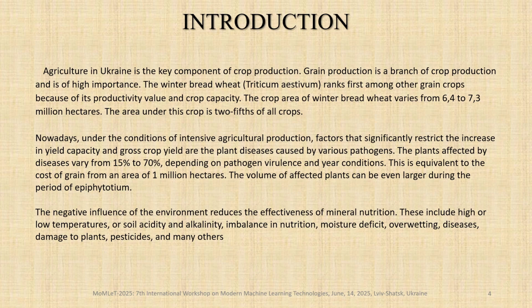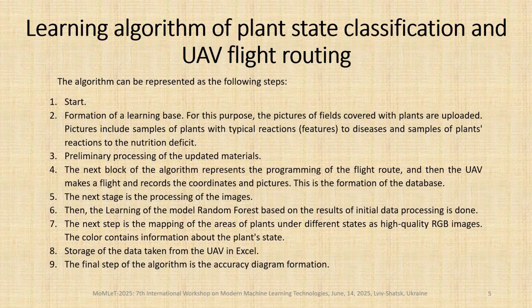Our work presents an ML-based algorithm that processes UAV imagery to automatically detect critical areas affected by disease or nutritional stress. To ensure timely and accurate monitoring of crop condition, we developed an intelligent data processing pipeline based on UAV imaging and machine learning technology.